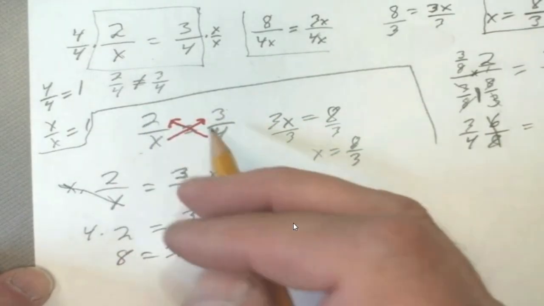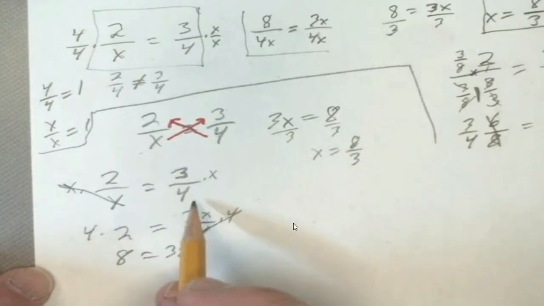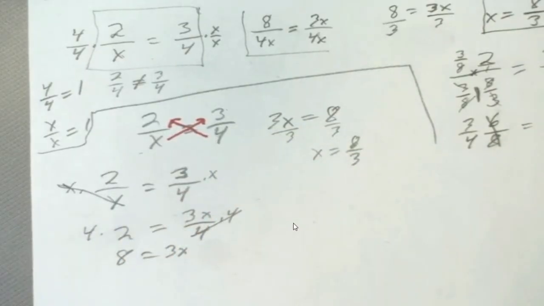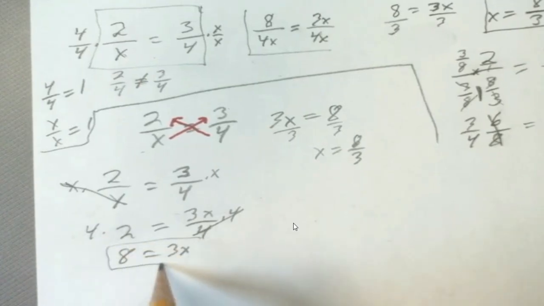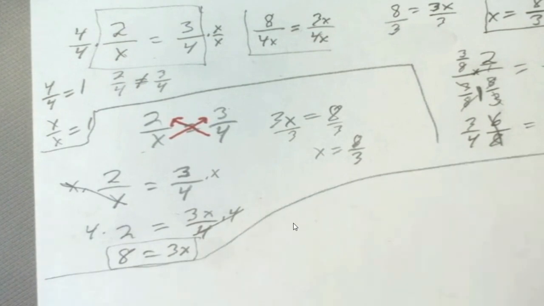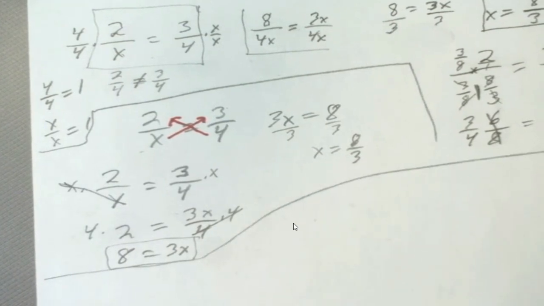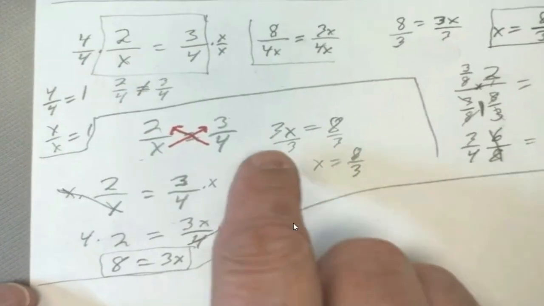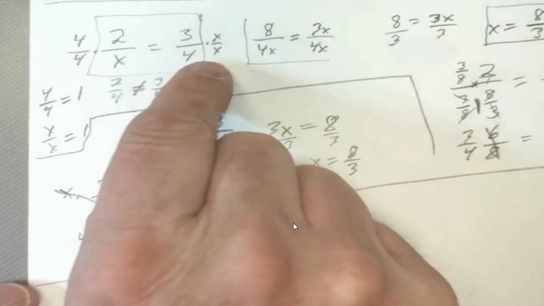Cross multiplying, what you're doing is just eliminating the denominators for each side. That's how you get to that shortcut to just 3x equals 8, or 8 equals 3x, same thing. So cross multiplying is our friend with rational expressions.